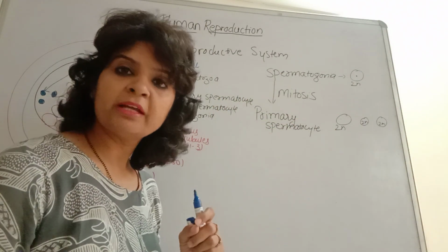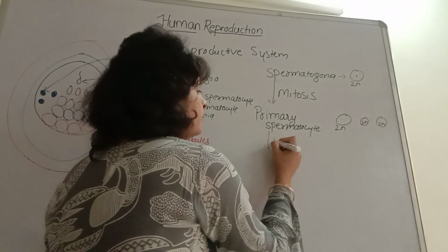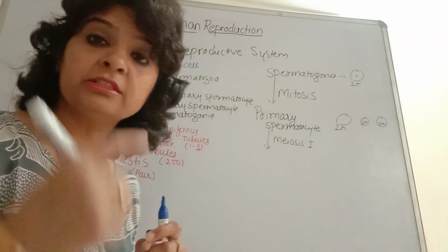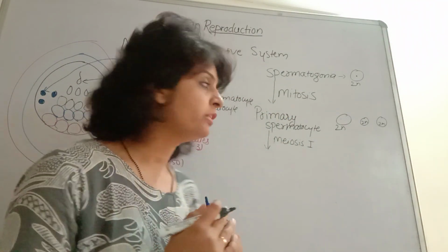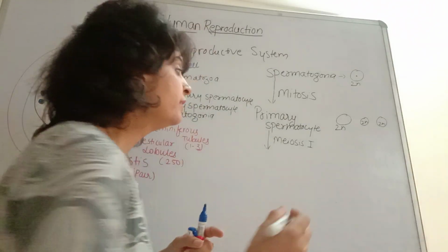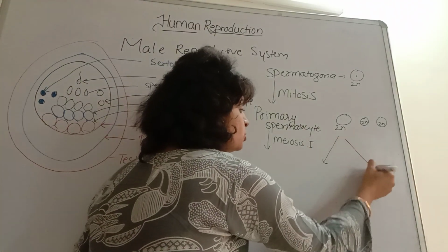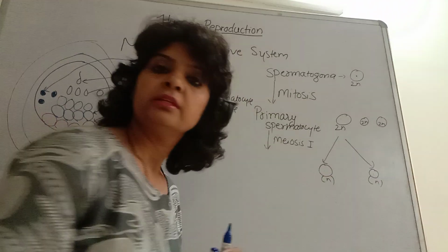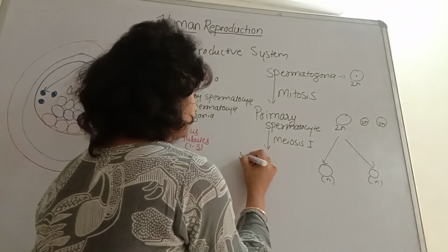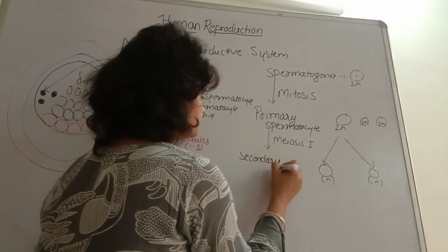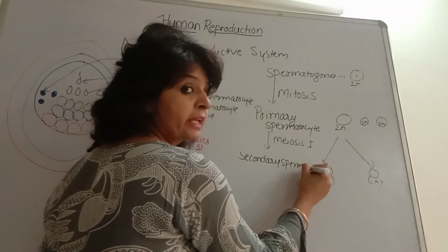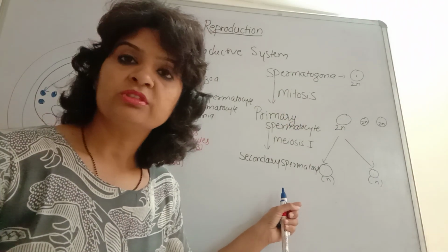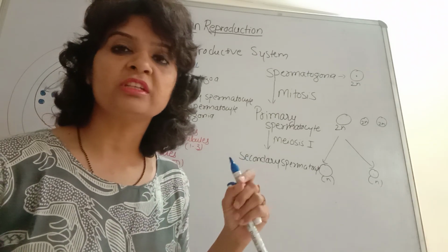Now these primary spermatocytes need to go through meiosis 1. Meiosis 1 means it is undergoing meiosis, a reductional division. A primary spermatocyte now gets converted into a haploid cell, and this haploid cell is the secondary spermatocyte. This secondary spermatocyte is a haploid structure, still not a sperm.